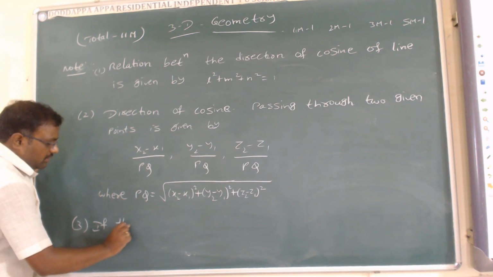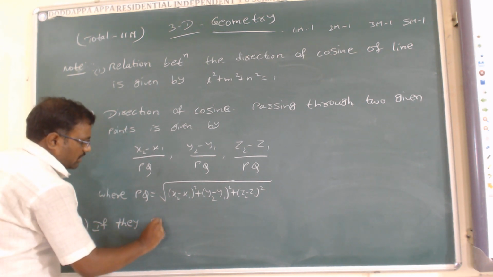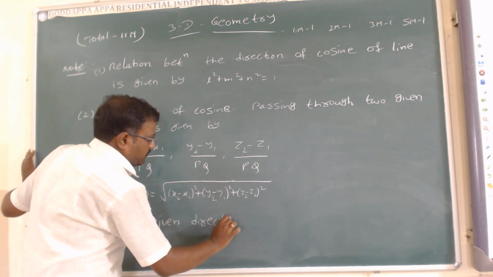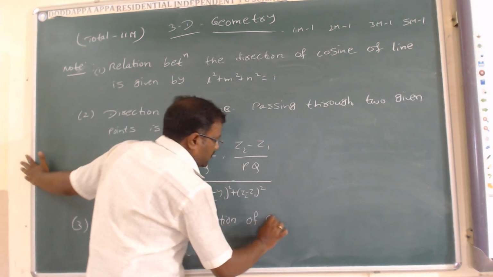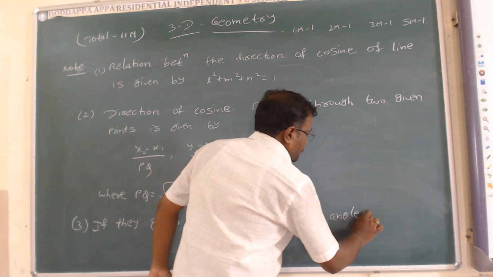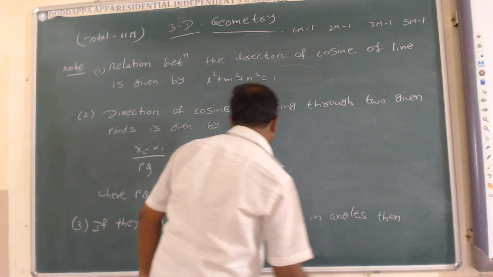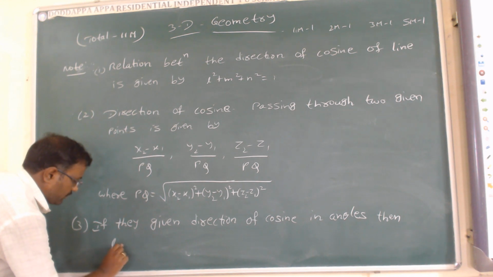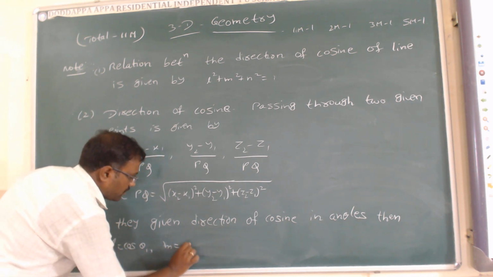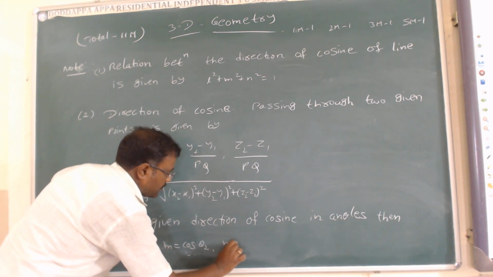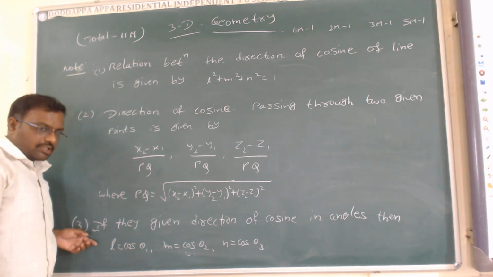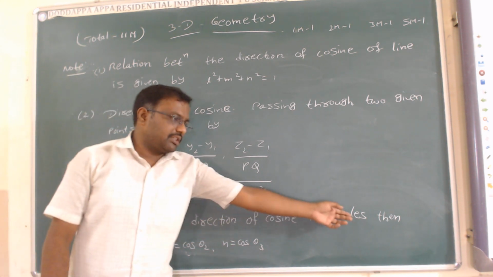If they given direction of cosine in angles, then L is equal to what? Cos theta 1, M is equal to what? Cos theta 2, N is equal to what? Cos theta 3.